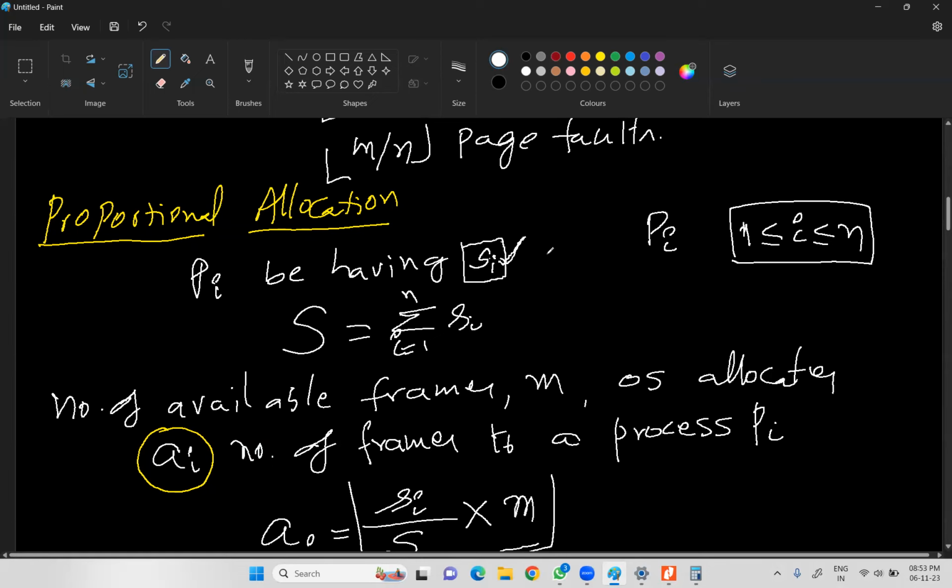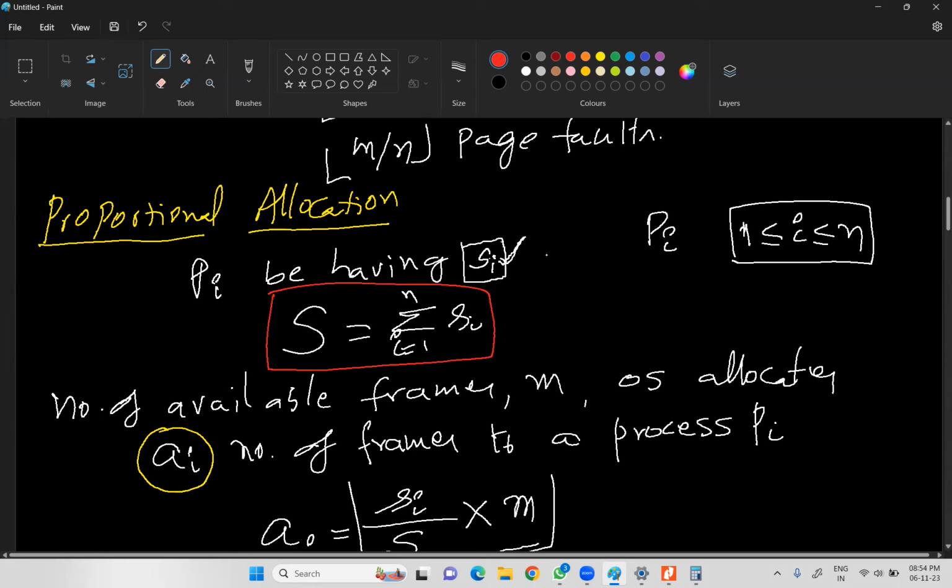Please recall yourself in terms of contiguous space allocation. Thereby process 1 requires this many kilobytes, process 2 requires this many kilobytes, something like this. So capital S will be defined as the total amount of space required to allocate.